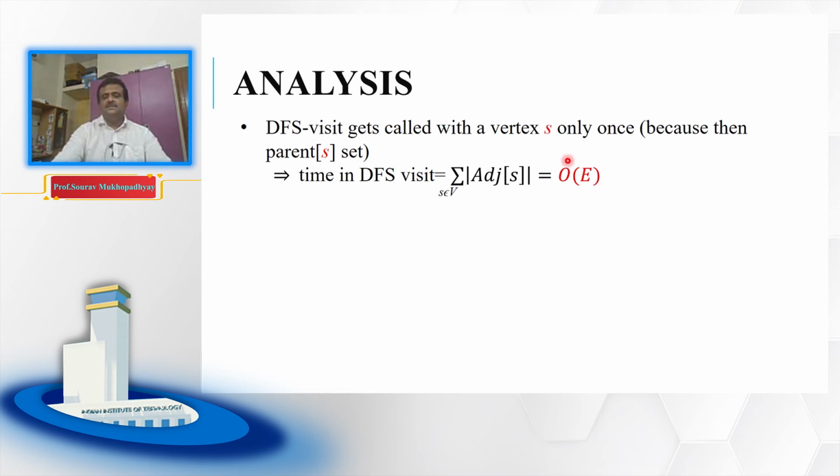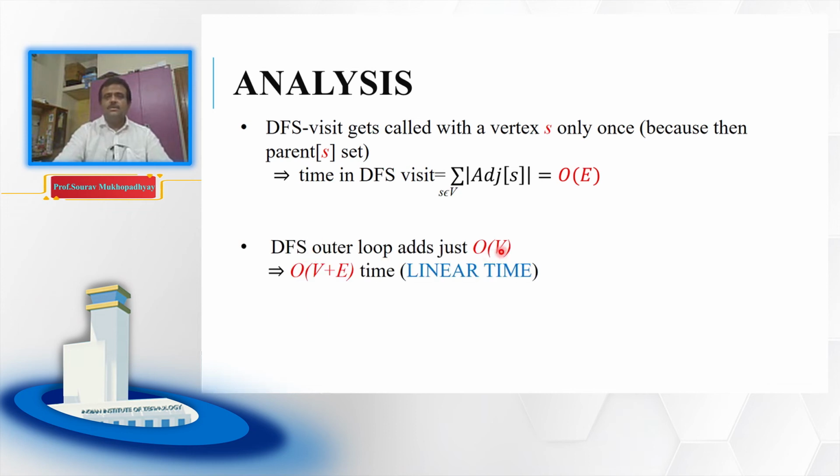But in any case, this is order of E, and we are visiting all the vertices, once each, that will give us V times. So, this is basically order of V plus E, which is linear time, the same time complexity as the BFS, which you have seen.